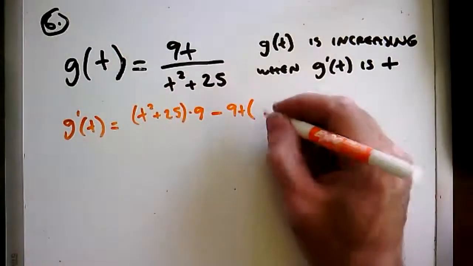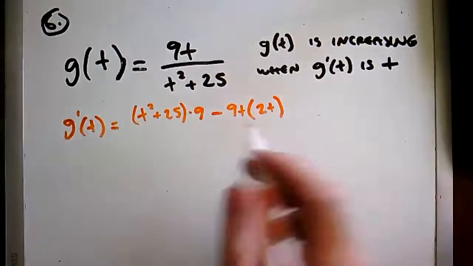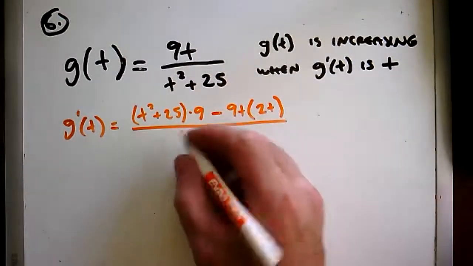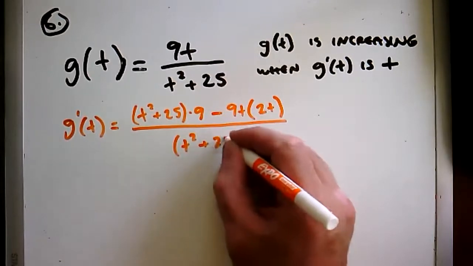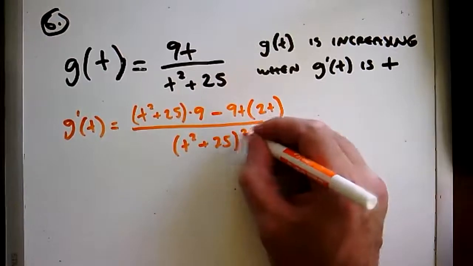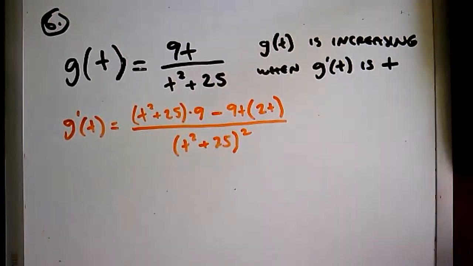So the derivative of the lower function is 2t, all over the lower function squared. This looks like a mess of algebra, but it will get better. Okay, so we want to know when this is positive and when this is negative.